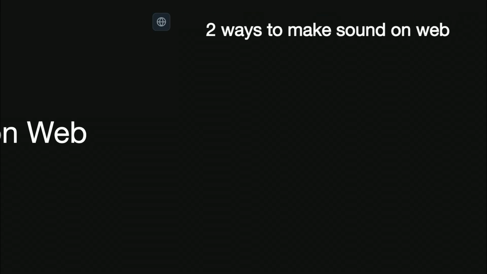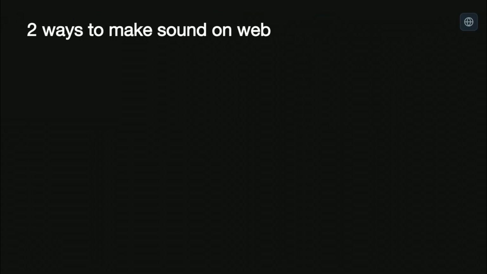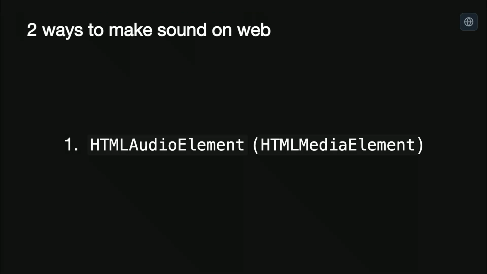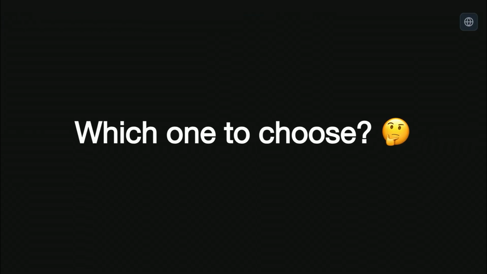So making sound on the web, as far as I know, there are two ways to make sound on the web. One is to use the HTML audio element, or you might call it the audio tag, and the other is to use the Web Audio API. So which one to choose?